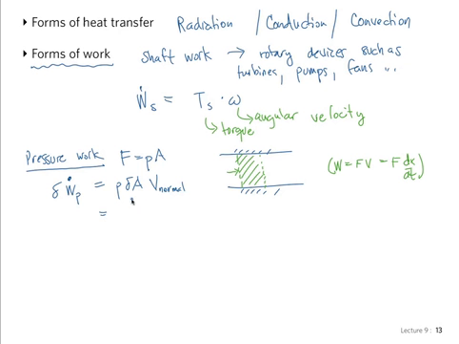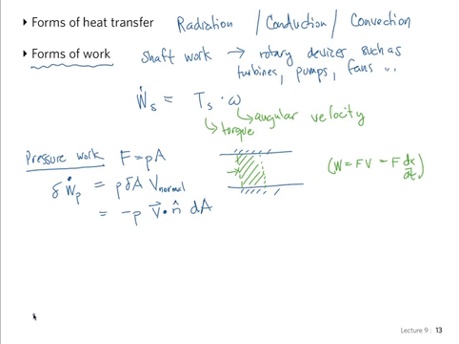And velocity normal times the area, I can write like we have done before using a dot product between the velocity and the normal, unit normal, outward normal. And so now that's the small work unit.